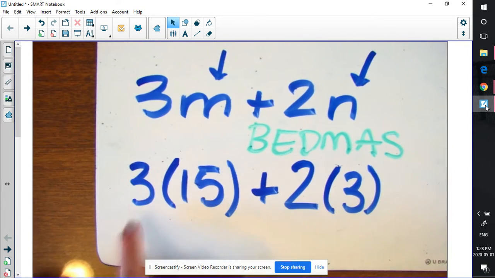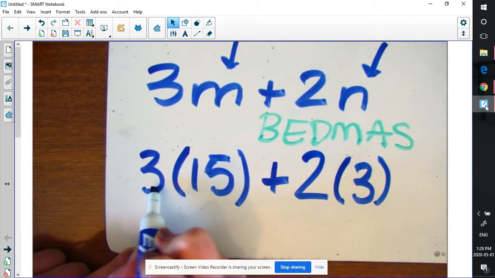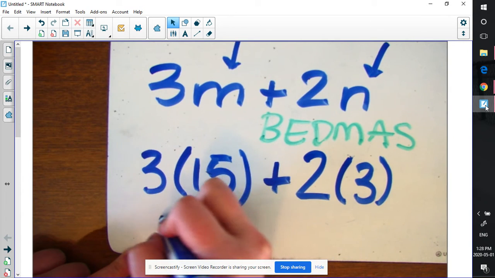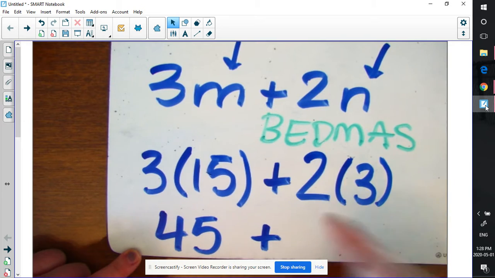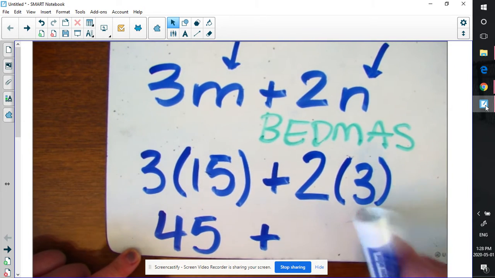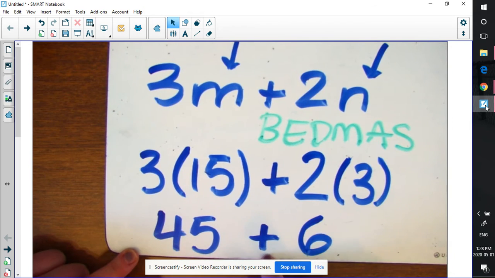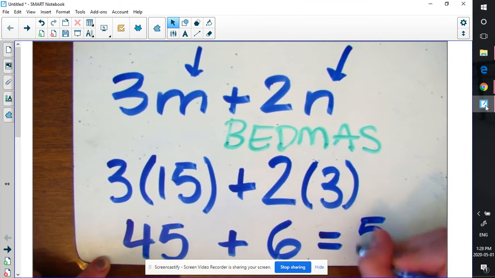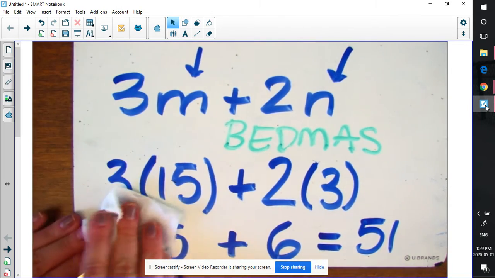So I'm going to start off by doing 3 times 15, because remember, whenever there's a number beside a number in brackets, that means multiplication. 3 times 15 gives me 45, plus, then I'm going to do 2 times 3. That gives me 6. So now I have 45 plus 6, and that gives me an answer of 51. So that's what you should have got for number 3.